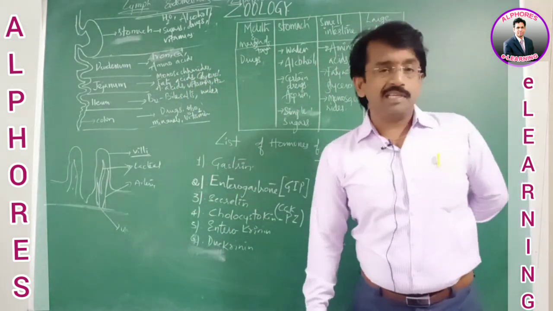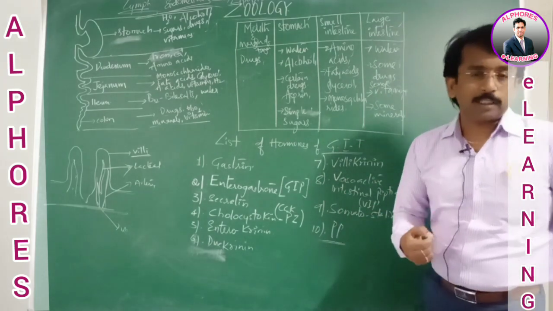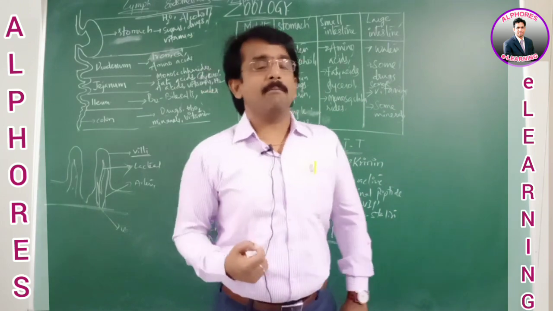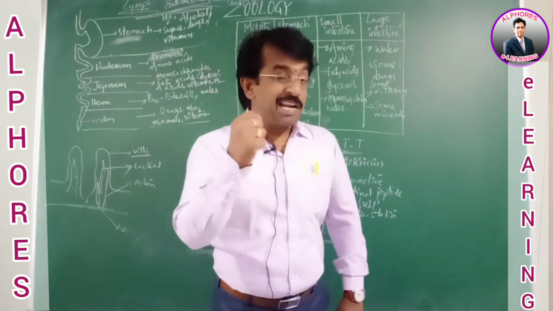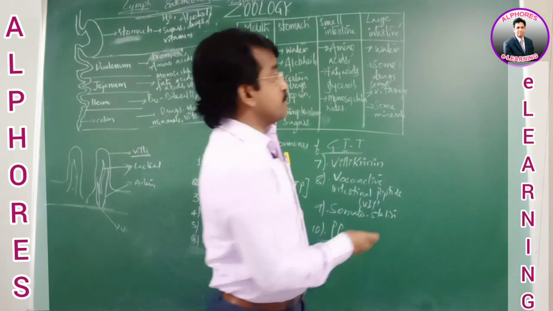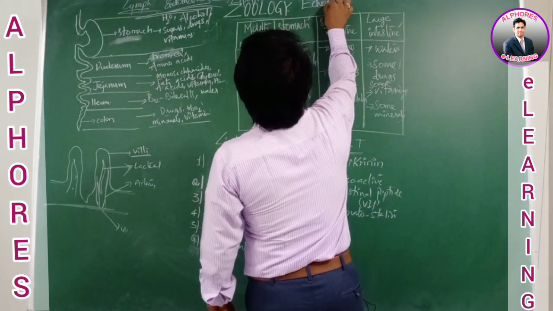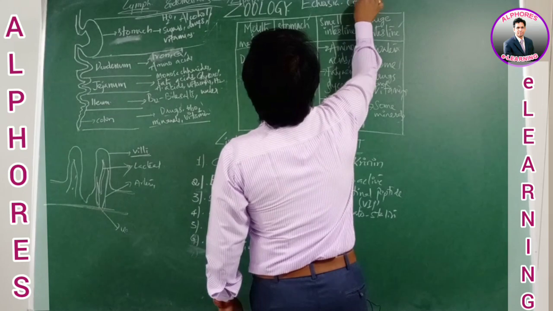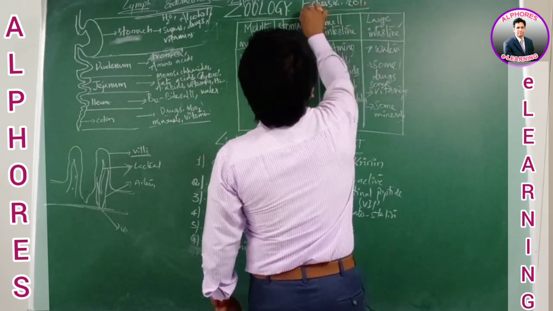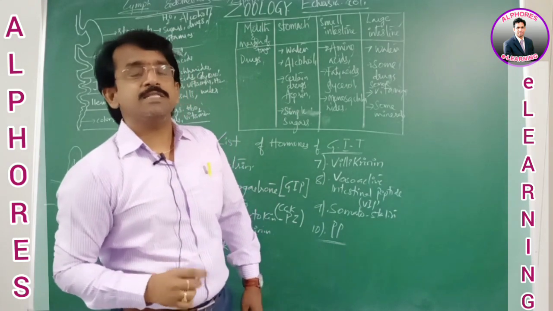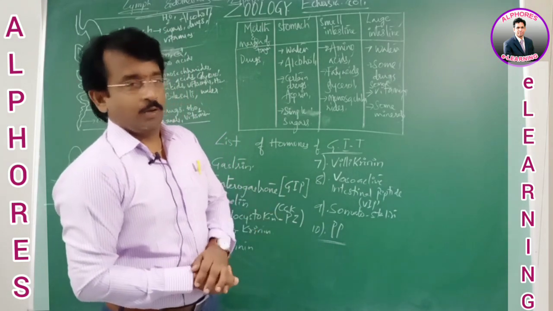Now let's see the vitamins. Basically, vitamins are also a part of our balanced diet. In our large intestine, there survives a bacterium, Escherichia coli, E. coli. This bacterium synthesizes vitamins.